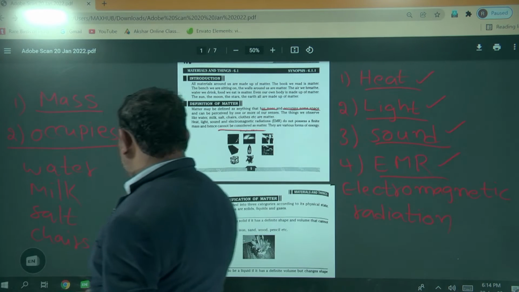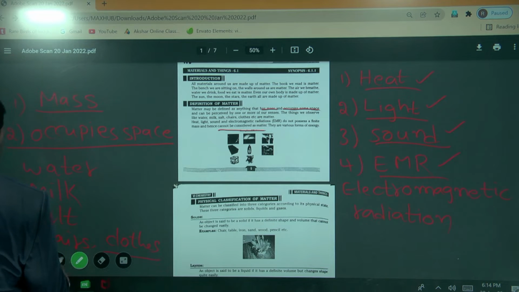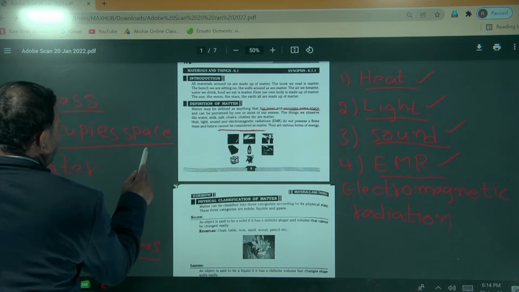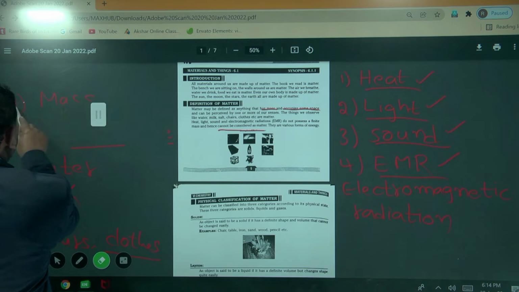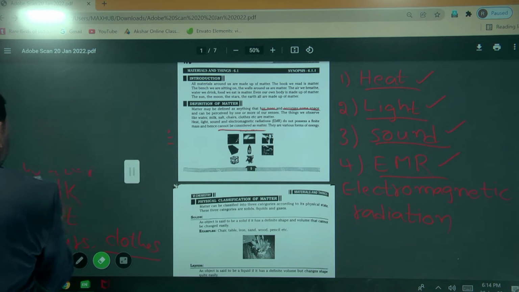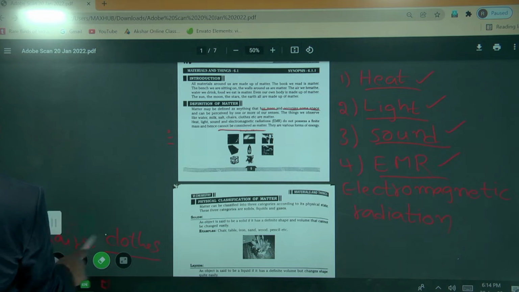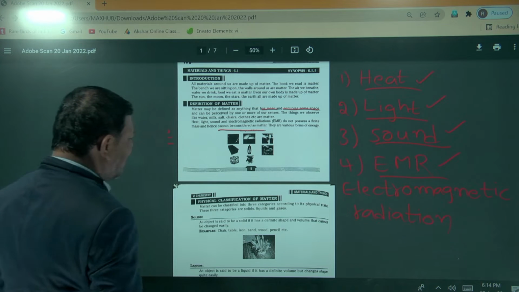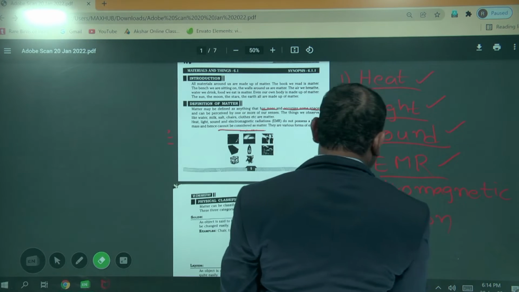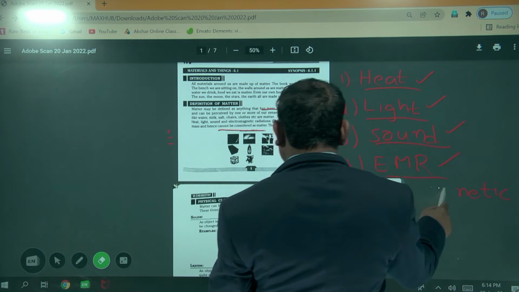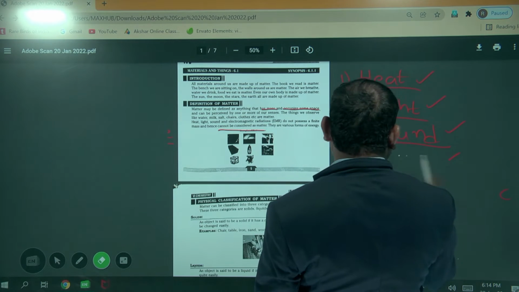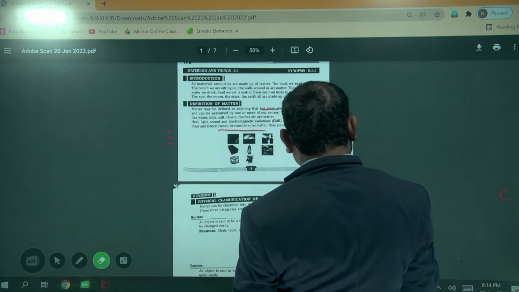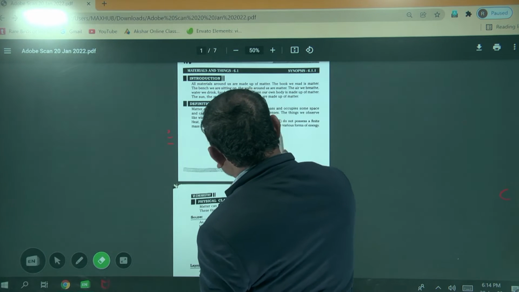Now, the next point is the physical classification of matter. In the classification of matter, matter is classified according to the category of its physical state. Matter is classified into three states. How many states?